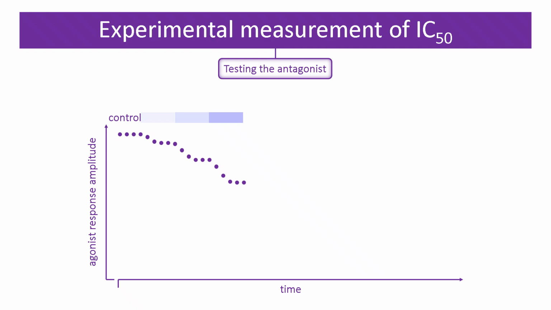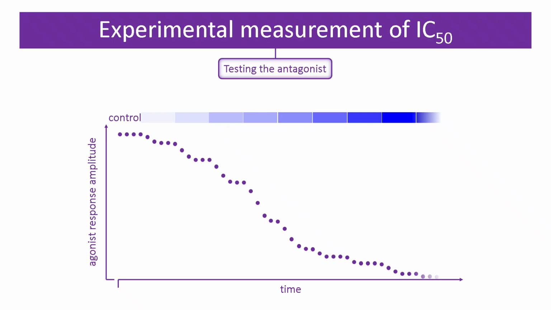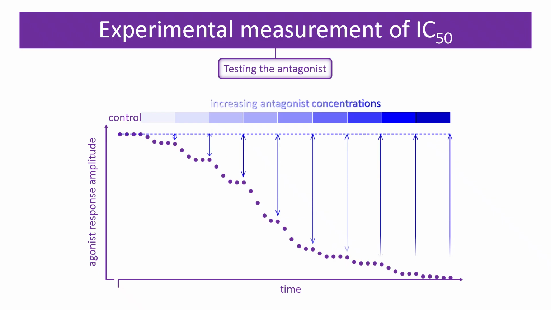This process is repeated across a range of concentrations, leading to a progressive decline in the response until it is almost completely inhibited. By comparing each response level to the control, the degree of inhibition at each antagonist concentration can be determined.